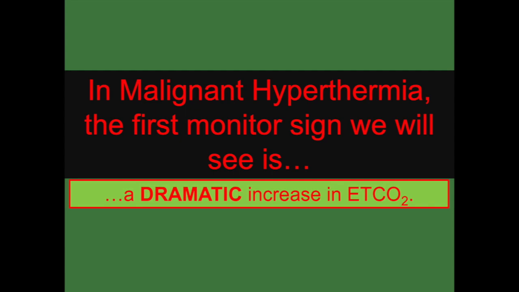That is the first thing we're going to see with malignant hyperthermia. And I know it's got the word hyperthermia in it, and it also causes an increase in temperature, but that is not the immediate thing that happens. It's an immense amount of carbon dioxide.